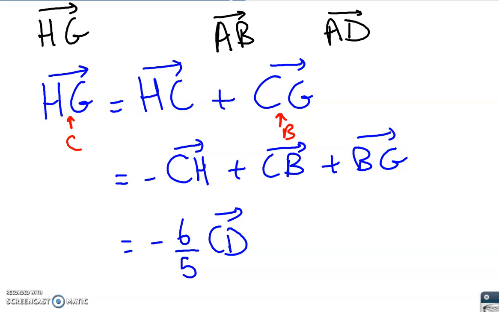I don't have a problem with CB because they are from the original letters on the figure. So I can easily write CB in terms of AB and AD. So I'll keep it as it is for now. And I will replace BG from the given. BG from the given was 5 over 4 BC.